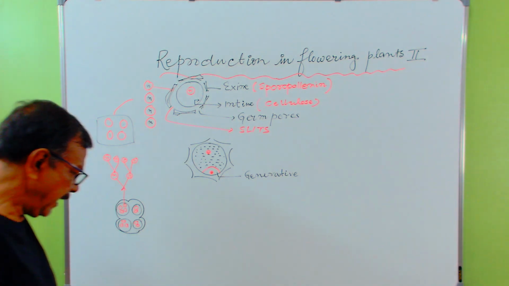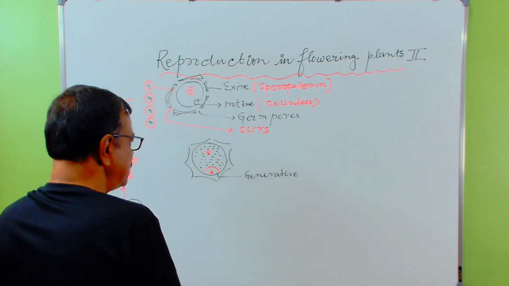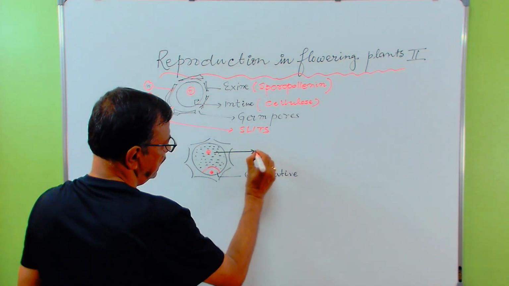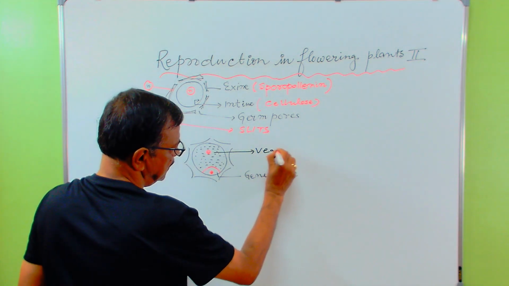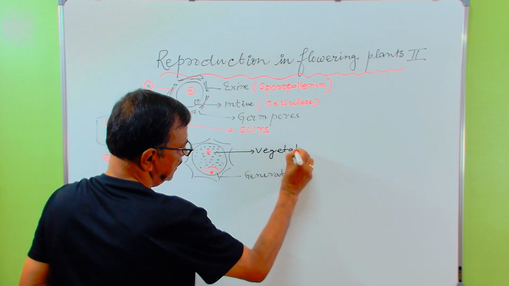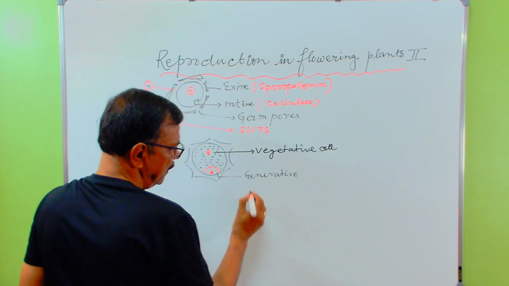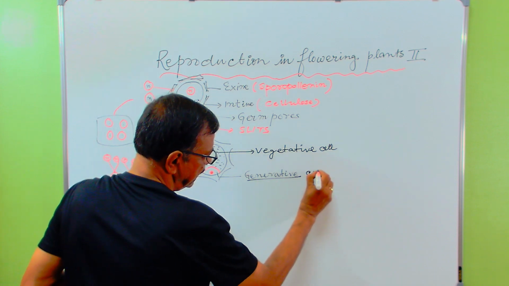And the bigger one is known as the vegetative cell, V-E-G-E-T-A-T-I-V-E.